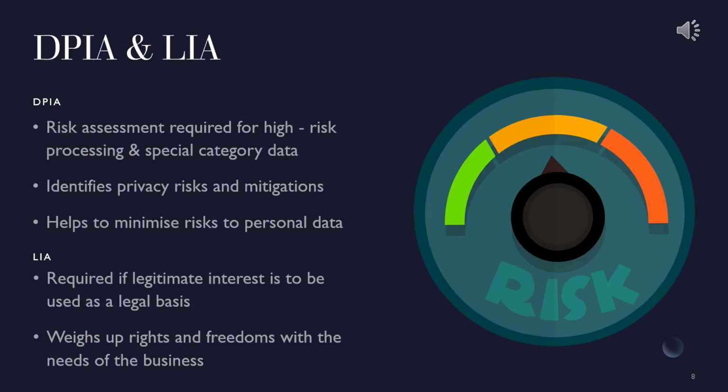Once we've identified our high-risk processing, we must then conduct a DPIA. This is a risk assessment in which we identify the risks and threats to the personal data we are processing. The risks can include hackers, as we've already mentioned, but there are many more. We need to consider the physical risks, such as the loss of a device which contains personal data.